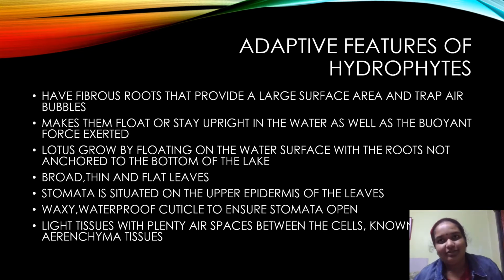As you guys know, we have learned buoyant force in physics, so don't ask me what that is. For example, lotus grow by floating on the water surface with the roots not anchored to the bottom of the lake. Anchored means, like the anchor which the boat has, like the ship in the ocean.